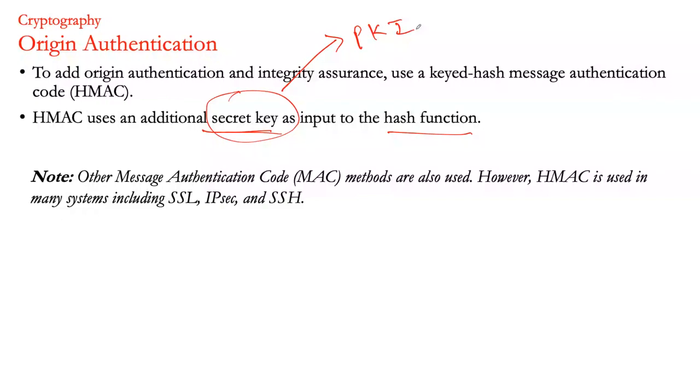In this public key infrastructure, it generates two keys: one is public and another is private. The private key is kept by the sender or original user, and the public key is distributed to the users in the network.